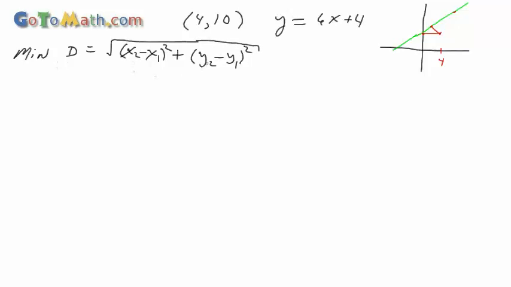This is what we're trying to minimize. Now, we're going to let this number here be x1 and this number here be y1, and then we'll let this number here be y2, and of course this number here will be x2.